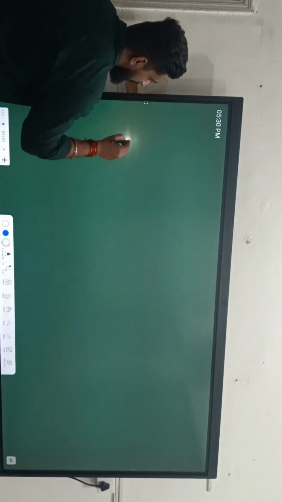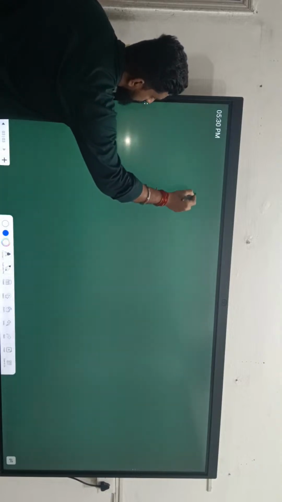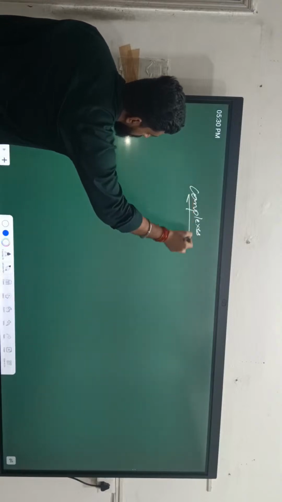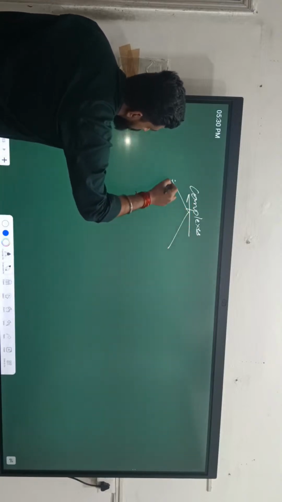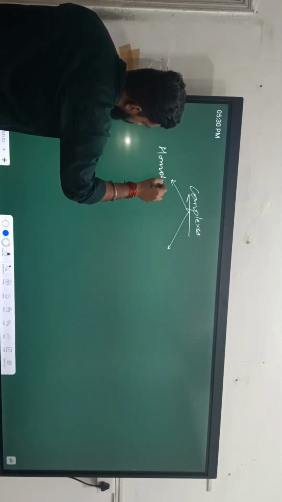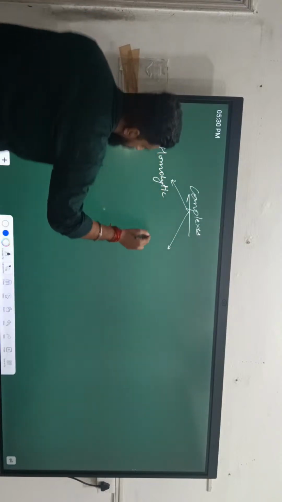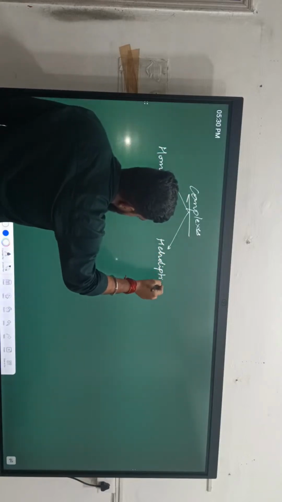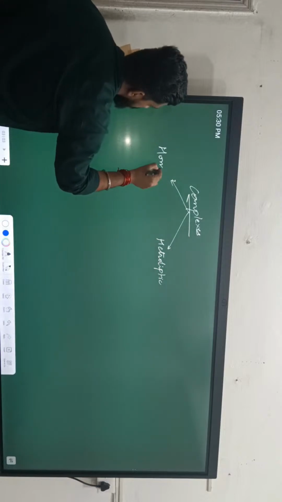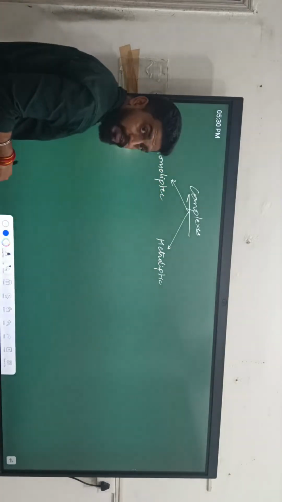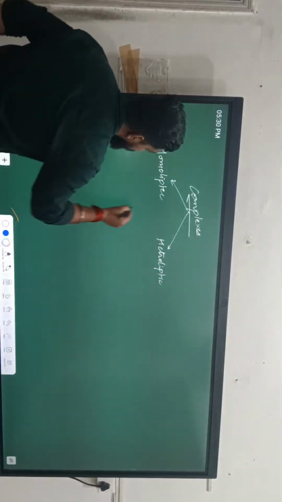Now, types of complexes. There are basically two types of complexes: homoleptic and heteroleptic.